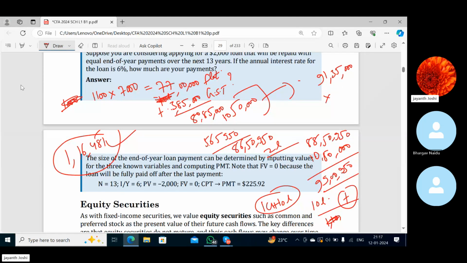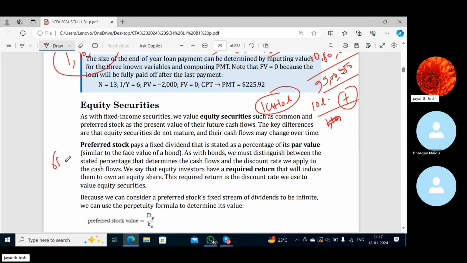So 22 lakhs 83,750 you have to make as a down payment. So 91 lakhs 35,000 minus 22 lakhs 83,750, if I remove, 68 lakhs 51,250 you have to take as a home loan. That's the condition.